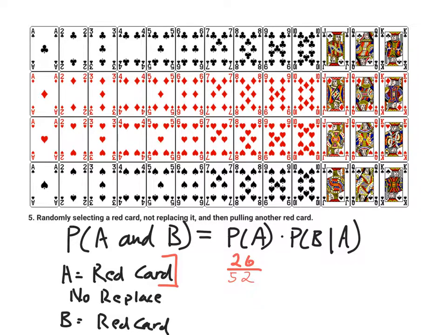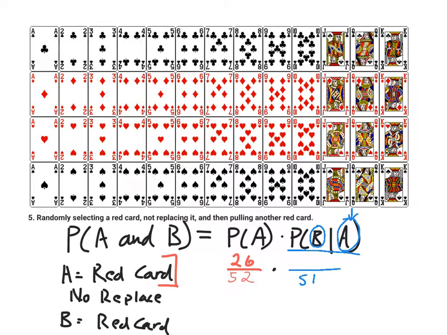Easy so far. Now we have to calculate the probability of B given A. So remember, this is B given that A has occurred. So the probability of getting another red card, that's what B stands for, given that we've already pulled and did not replace that red card. Again, we think of the same ratio, the number of good outcomes over the total outcomes. Our total outcomes was 52, but now that A has occurred, we pulled a card and kept that card, so our total number of cards in our sample space has gone down from 52 to 51.